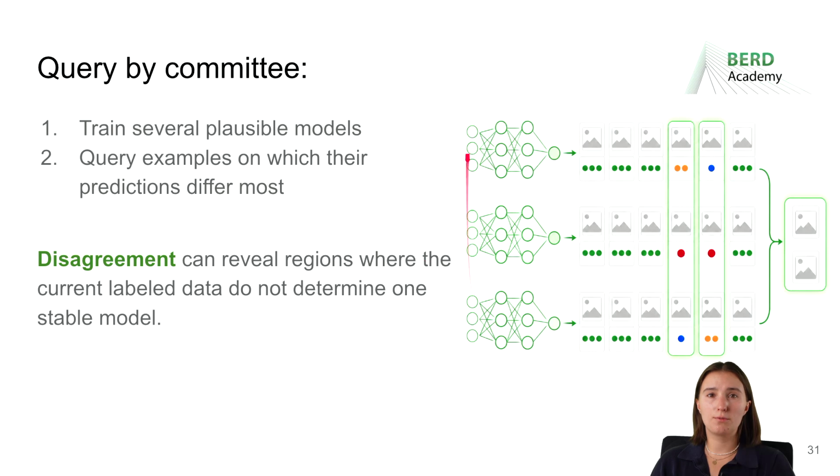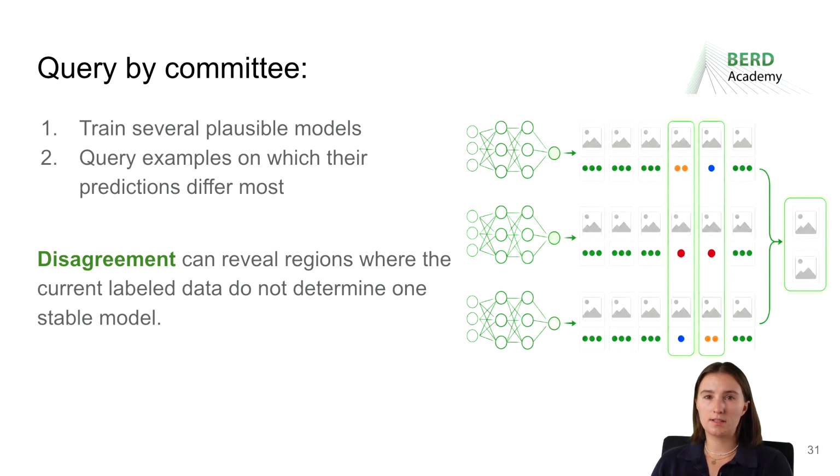Because this kind of disagreement between the models can reveal regions where the data that we currently have is not too certain, and we would need more information there to improve our predictions. So for example, for those 2 images, we have the different models predict different colors for whatever example that we have, and those would be the images in this example that should be labeled next to improve our models the most.